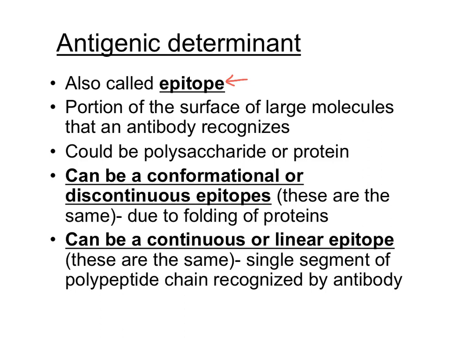And antibodies don't just recognize proteins, they can recognize polysaccharides, they can recognize nucleotides, and they either can recognize what we call a conformational epitope or a discontinuous epitope, and I'll talk to you about what that is in a minute, versus something that's continuous and linear. Continuous and linear is easy to imagine.